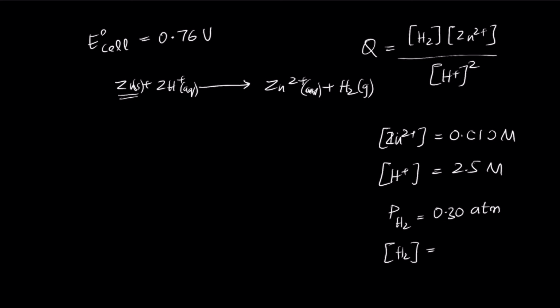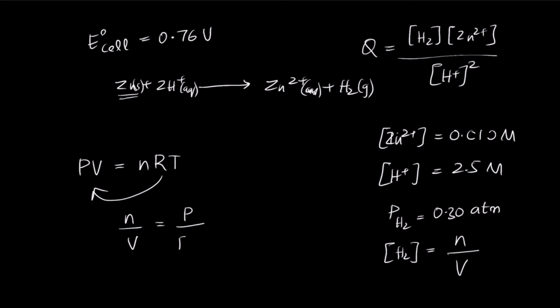The concentration of H2 is the number of moles by volume. We do know that pressure times volume equals nRT. So when you want n over V, just move RT to this side. So you get n over V equals P by RT.